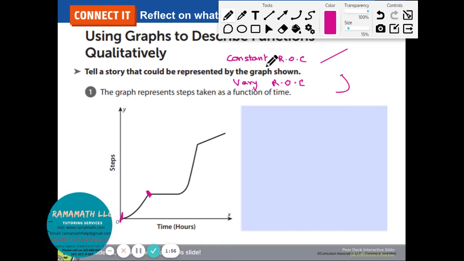As we know, constant rate of change means it should be a straight line. Vary rate of change means a curved line. So from here to here, that's right, this is going to be a vary rate of change. And how about from this piece, let me change color, to this piece?